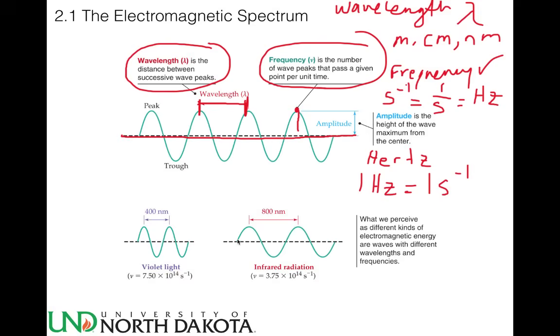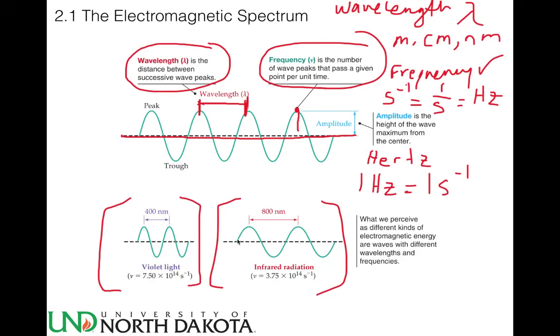It is just a measure of the intensity. So a light that is very bright would have a greater amplitude than light that is more dim. Frequency and wavelength, however, are characteristic properties, meaning that they can distinguish different types of electromagnetic radiation from one another.